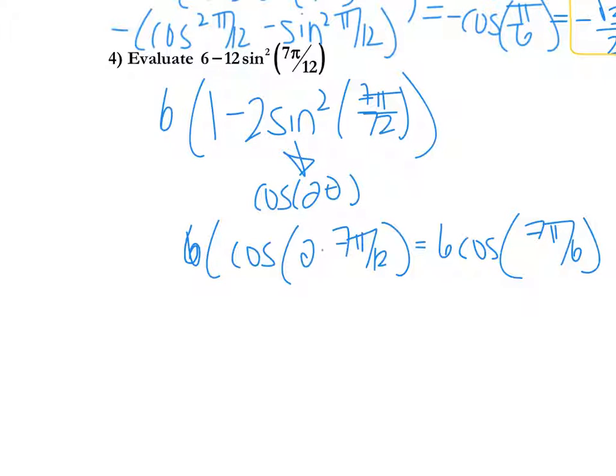Okay, remember that when you get here, make sure you actually do the angle. So cosine of 7 pi over 6 is going to be negative root 3 over 2. Multiply straight across, and we get negative 3 root 3.